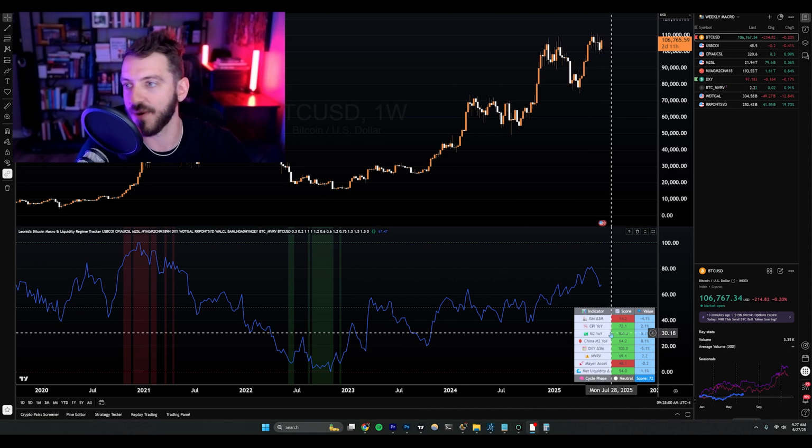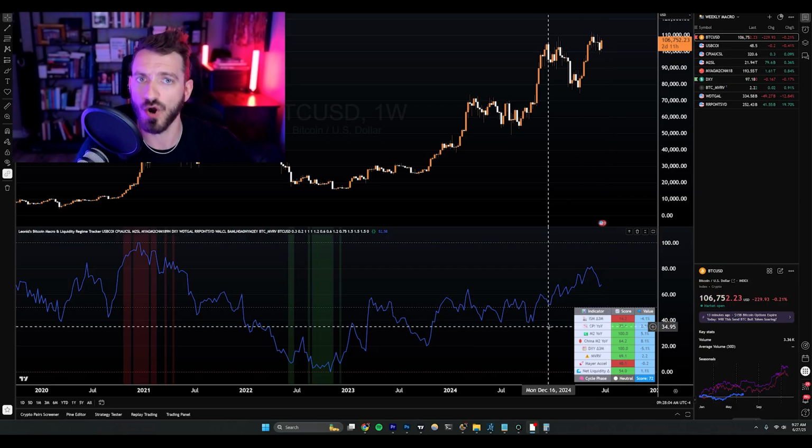You'll see them here on the bottom right in the table. I just want to note that there are about 6 other inputs that I don't show on the table that add to the composite score. So there's actually a lot more in here, but I felt like these are the main ones. The nice thing about this indicator is that you can score these differently.